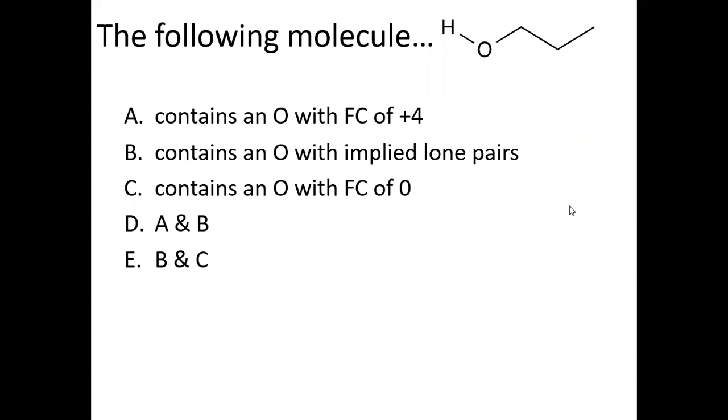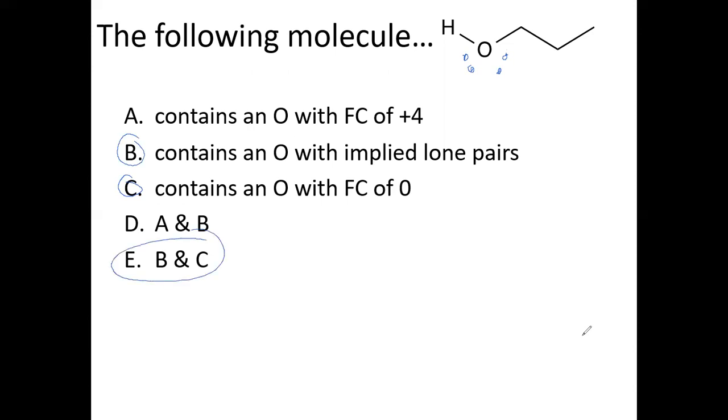But now we need to draw on there the missing lone pairs, right? So oxygen is going to have 1, 2, right? So it has implied lone pairs, so it's going to be B. So B and C are correct, so E should be our correct answer, right?